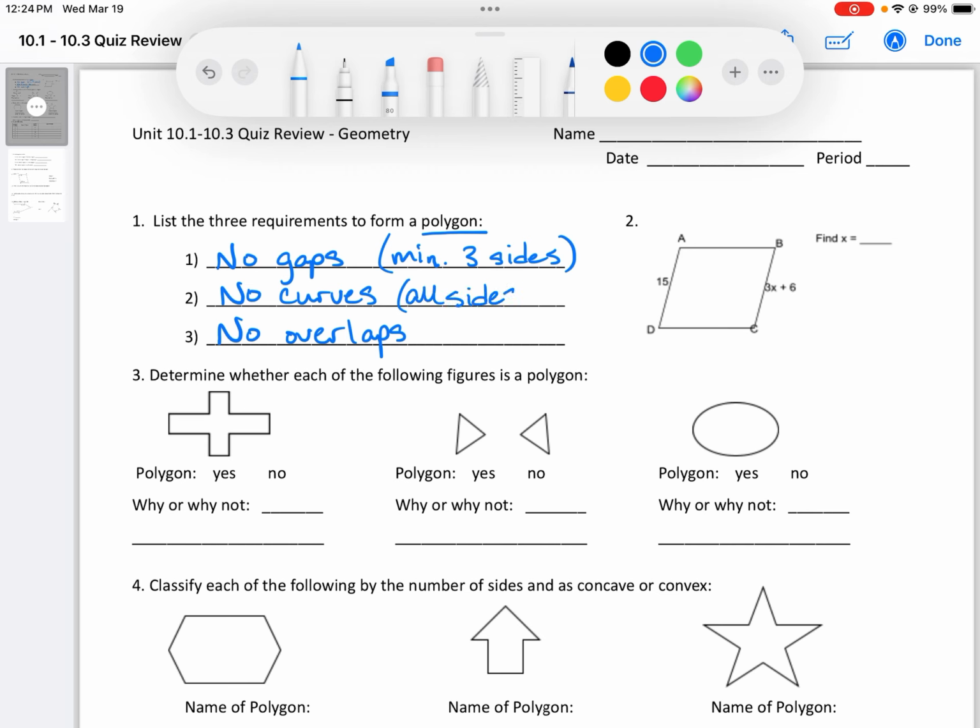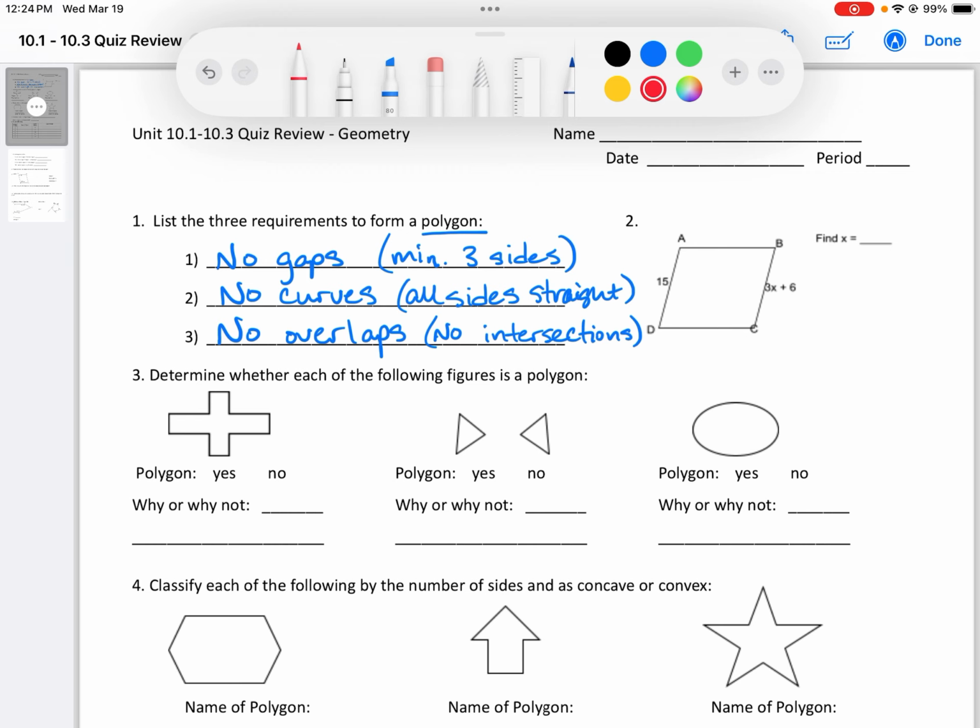No curves, all sides are straight. And then no overlaps is just another way of saying no intersections. So those are the rules that a figure must follow in order to be a polygon.